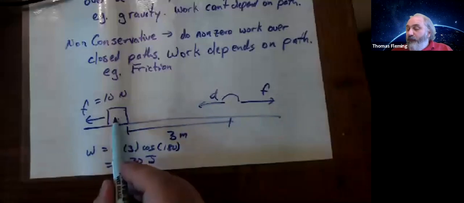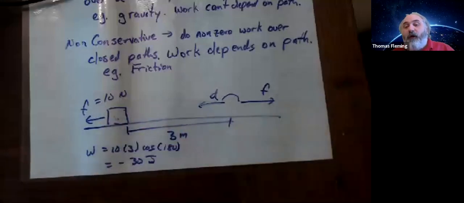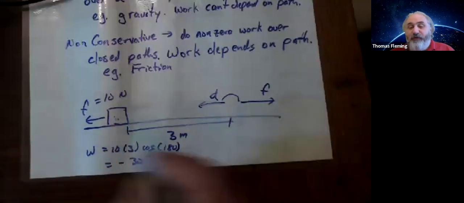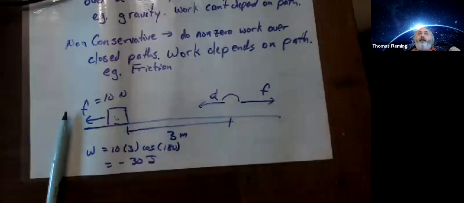If I went 4 meters out and 4 meters back, it would have taken more work than to go 3 meters out and 3 meters back. The path mattered. And because of that, non-conservative forces are less helpful in energy conservation problems. They're going to make our lives a smidge more complicated because of that.